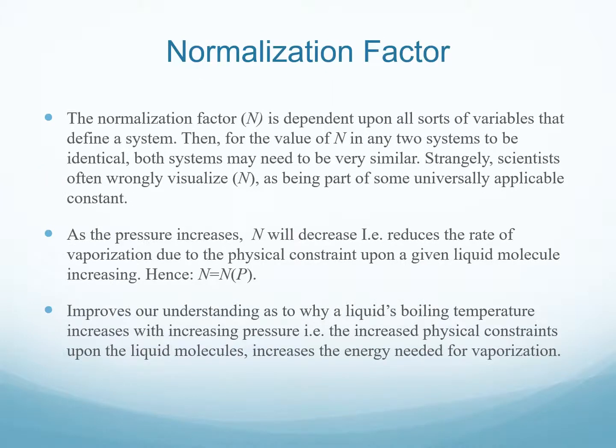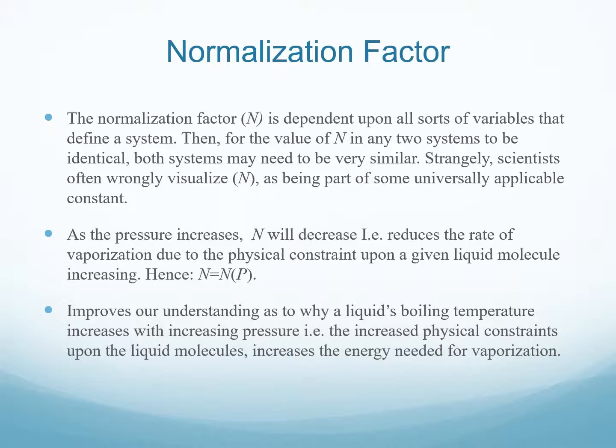Continuing discussing the normalization factor. It is dependent upon all sorts of variables that define a system. Therefore, for any one value of N in any two systems to be identical, both systems need to be very similar. And scientists sometimes get this wrong, as they'll write that N is some universally applicable constant. It is not.